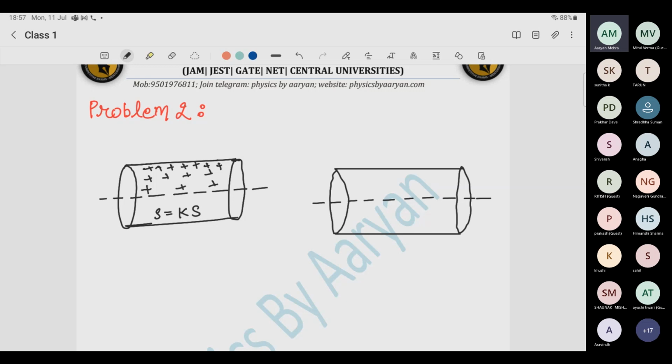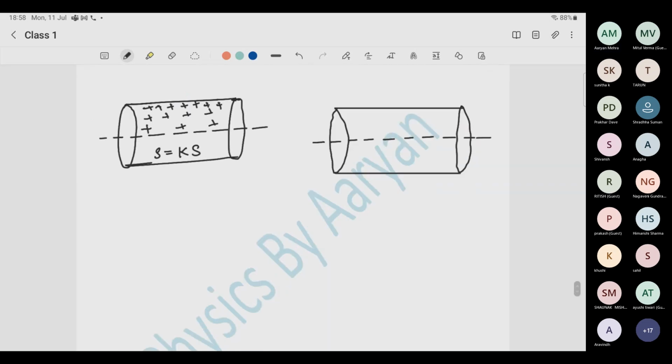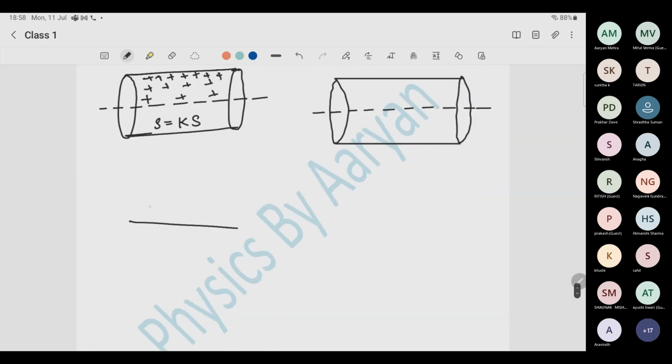Okay, so first thing, the first line which I wrote in Gauss law: before starting the problem you have to predict how the electric field is. So if you have a line which has a charge like this, your electric field will be like this.